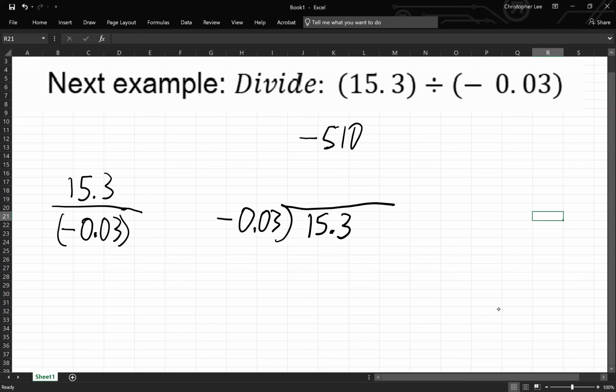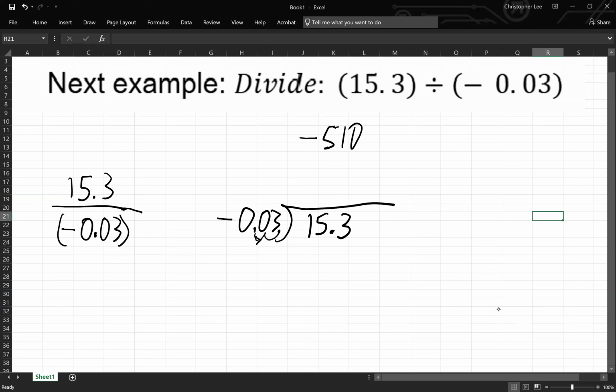The best way to do this, look at both numbers and see which one has the most digits after the decimal point. It's the divisor, this one right here. So to make this into a whole number, I could move this decimal point over two spaces.